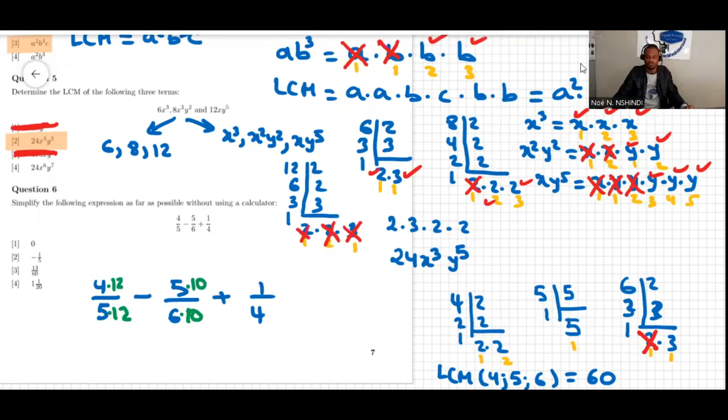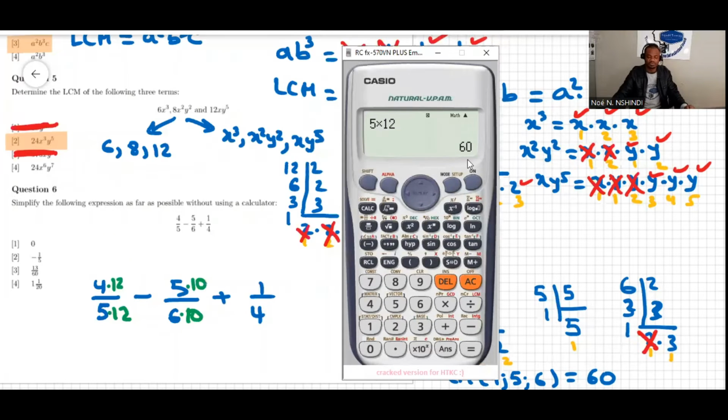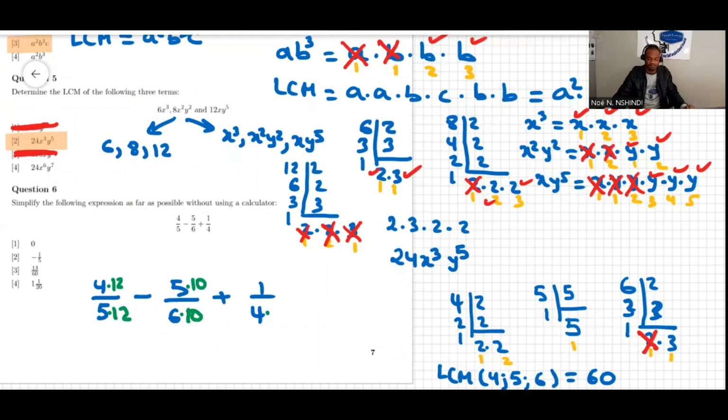And now 4 times what equals 60? If you cannot see that it's times 15, the best way is to do it the other way around. You say 60 divided by 4 equals what? Equal to 15. Then you know I must times here by 15, and you times the numerator also by 15.